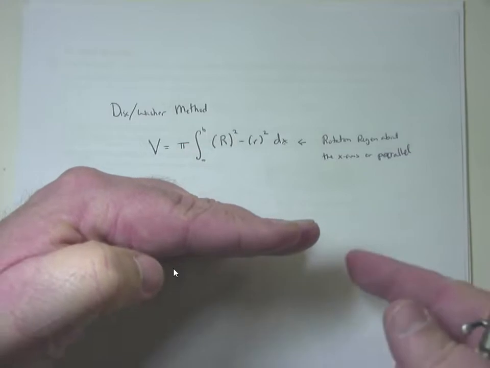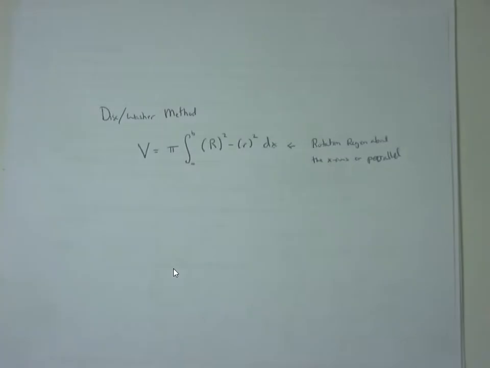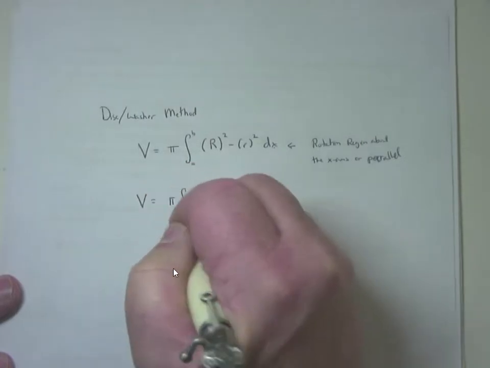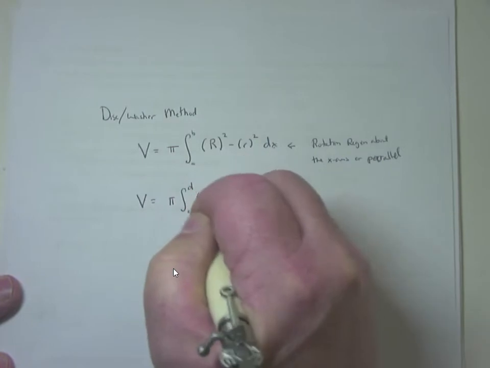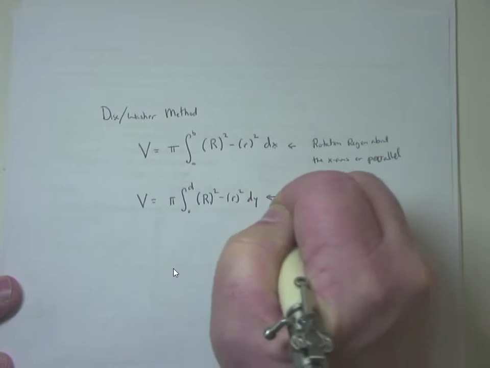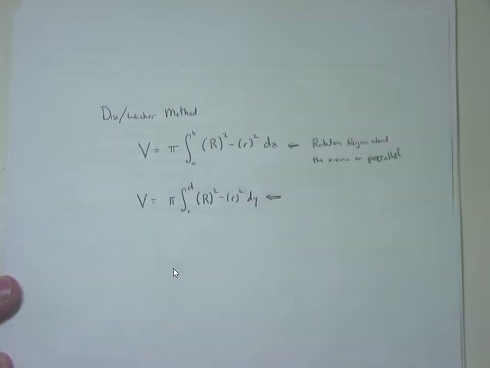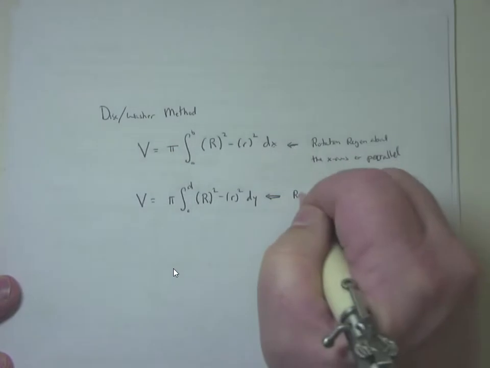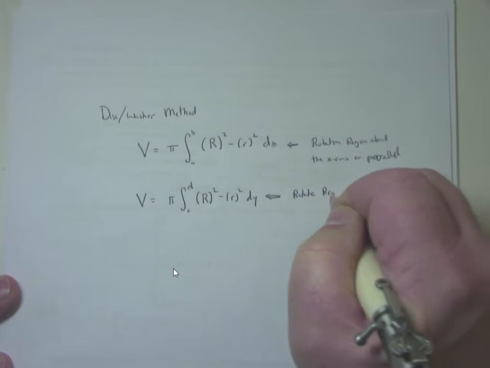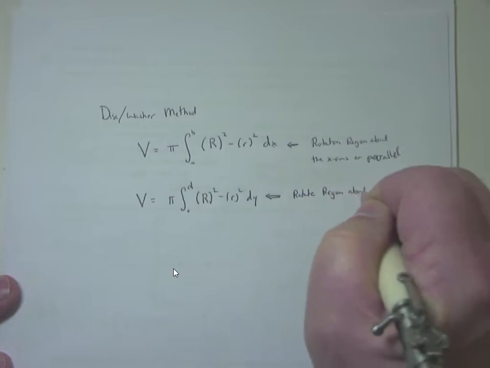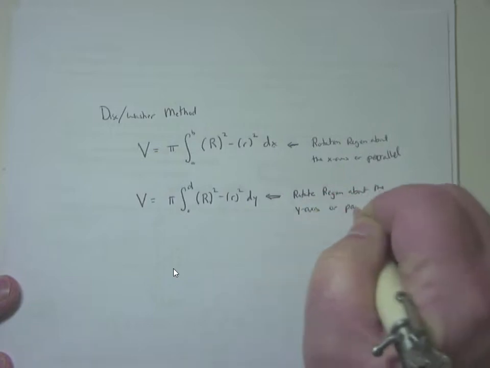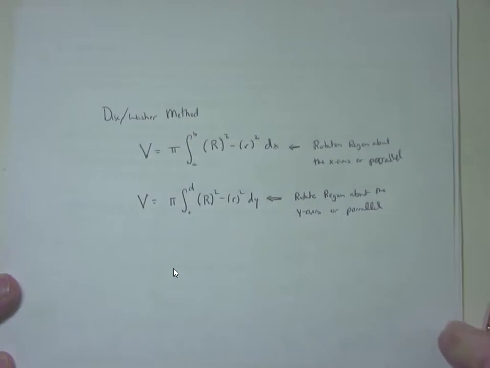Does that make sense? Now, with that, if I give you volume is equal to pi times the integral from c to d of big functional radius squared minus little functional radius squared, but I put a dy on there, that dy tells me that I'm going to rotate the region about the y-axis or parallel to the y-axis.